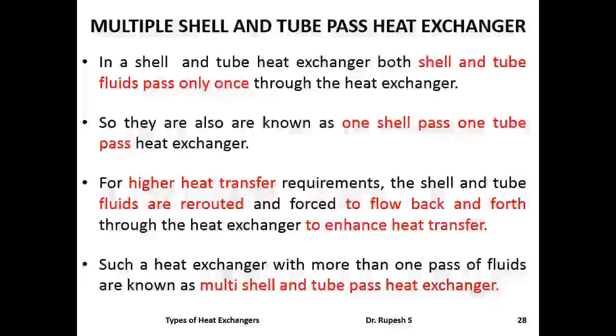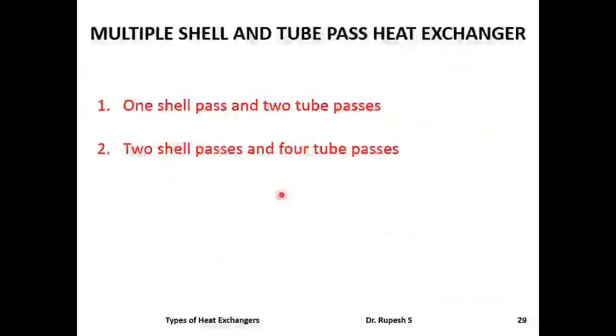Such a shell and tube heat exchanger with more than one pass of fluids is known as a multiple shell and tube pass heat exchanger. Here we will discuss two variants of multiple shell and tube pass heat exchanger. They are one shell pass and two tube passes, and two shell passes and four tube passes.